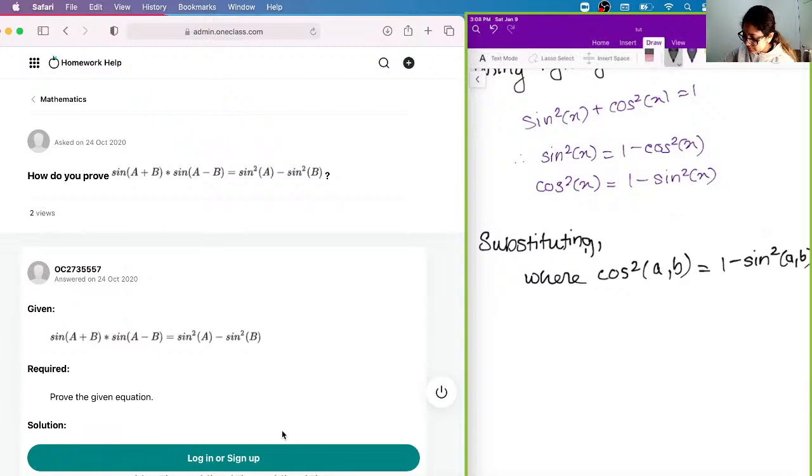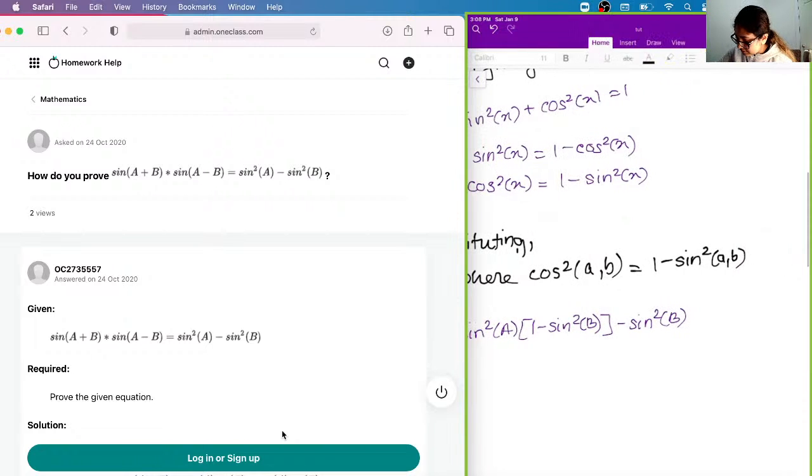So we're going to write this whole equation in terms of sine, and what we get is sine squared of a times 1 minus sine squared of b, minus sine squared of b times 1 minus sine squared of a.